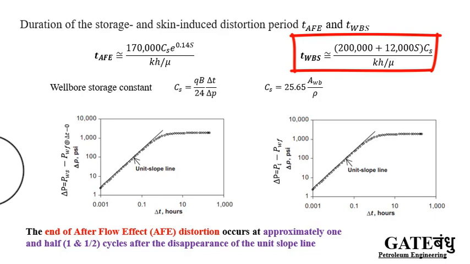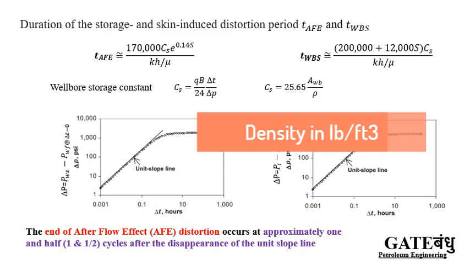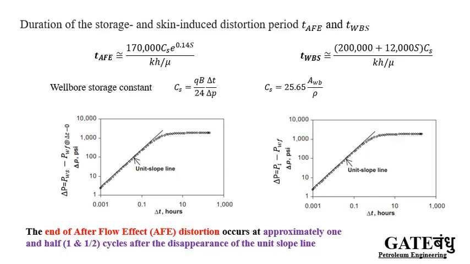One point to note is that every parameter here is in field units, like permeability in millidarcy, H in feet, viscosity in centipoise, and area of wellbore in feet square. So when we do the example, we will understand it better.